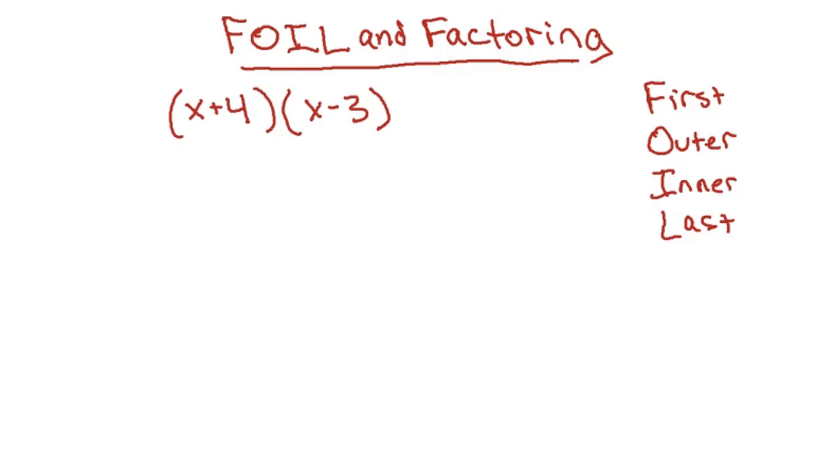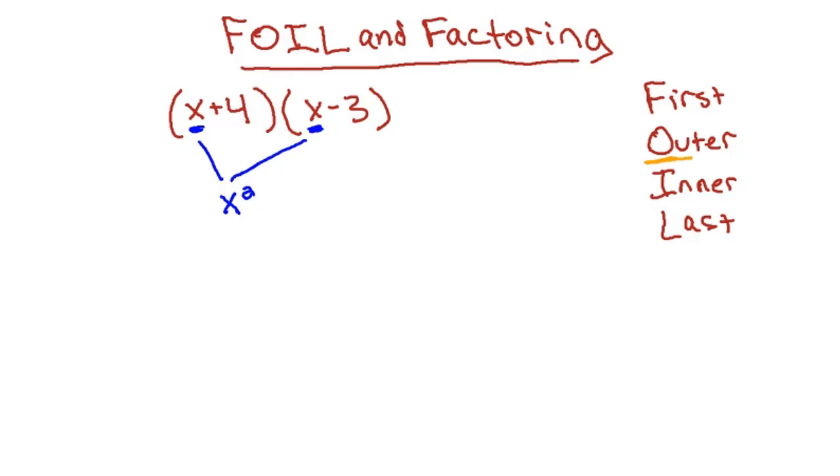So when you have two sets of these parentheses together, and you want to put them back together and find out what the unsimplified version of this is, you go first. So you do the first nomials of each set of parentheses. So that would be x times x, and that's x squared.